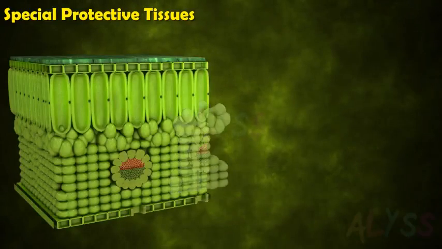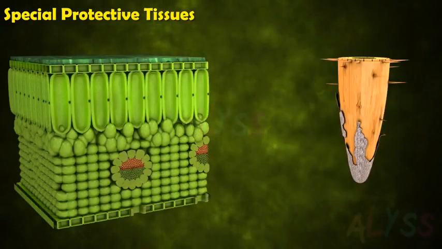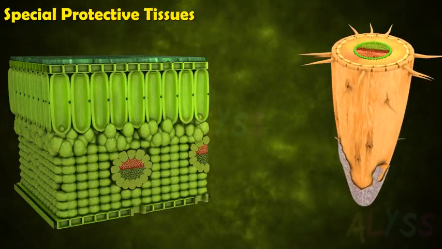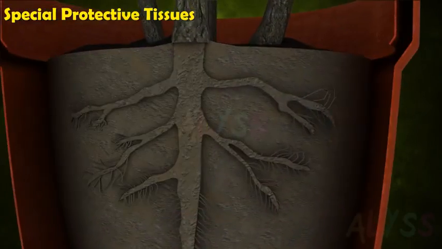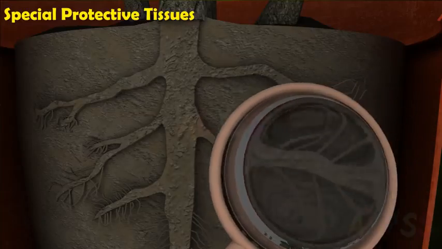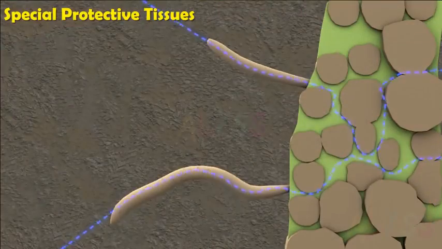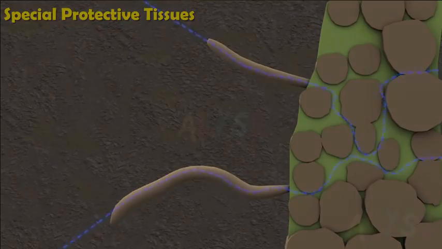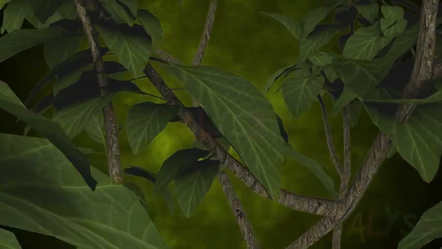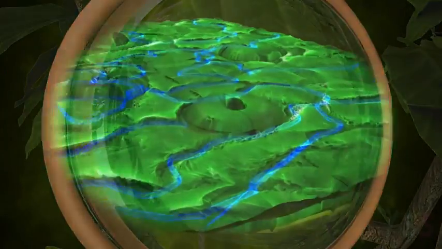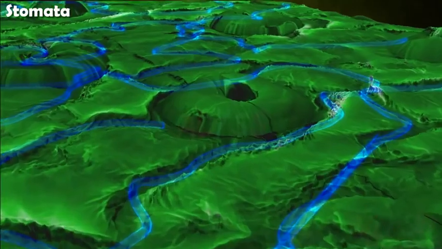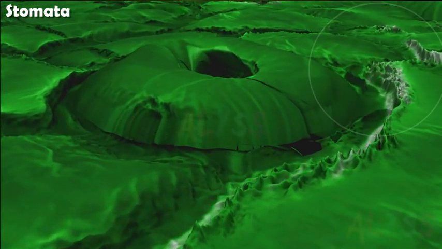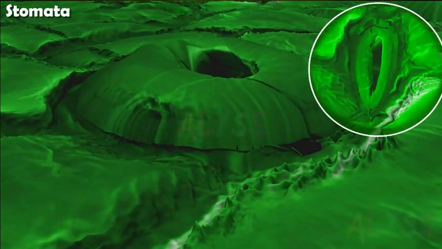Some epidermis cells get modified to root hair in the roots to absorb water and minerals. Root hair are so tiny that they are able to reach between the soil particles. On the other hand, in leaves, the lower epidermis has openings called stomata for exchange of gases and transpiration.